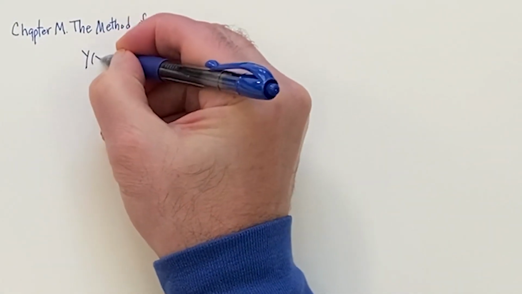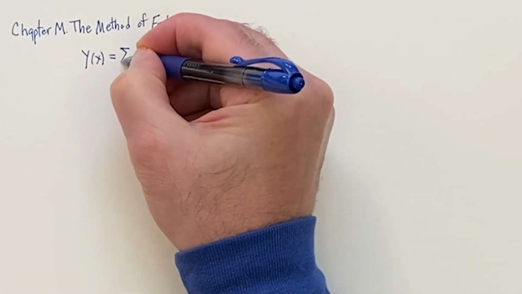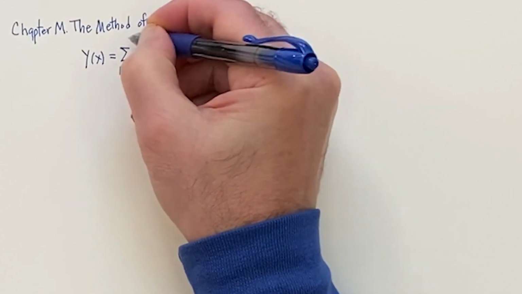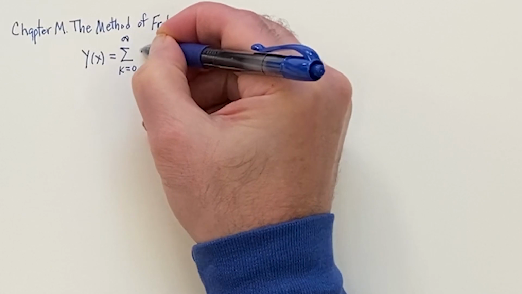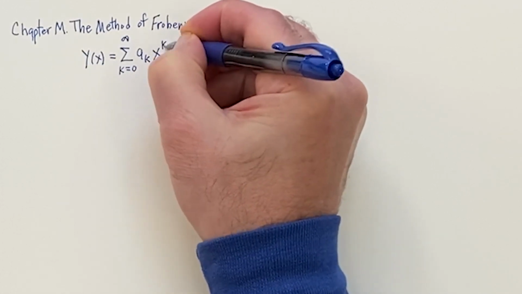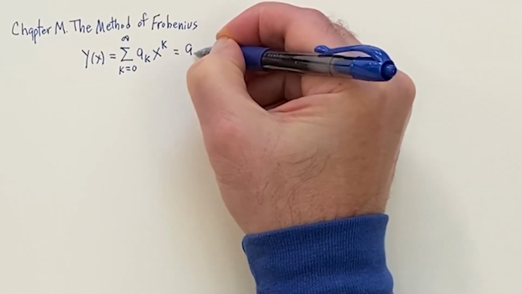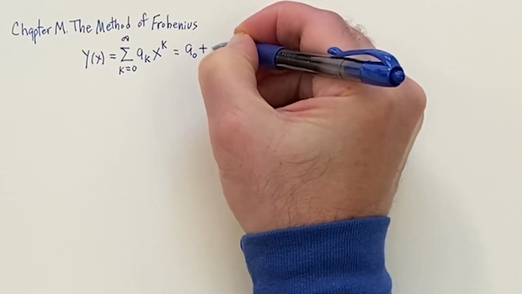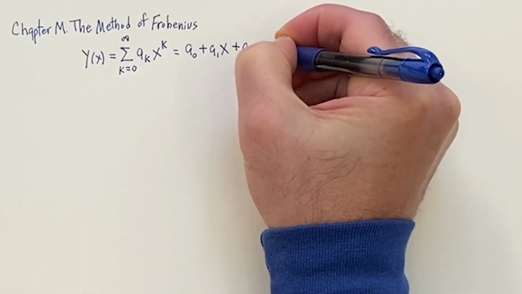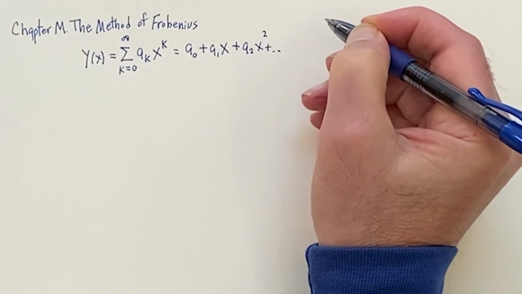So in other words, the y of x, which would be a solution to a differential equation, is written as a sum from k equal to 0 to infinity of some coefficients a_k and x to the k power. So you can think of this as some a0 plus a1x plus a2 x squared plus, and so on.